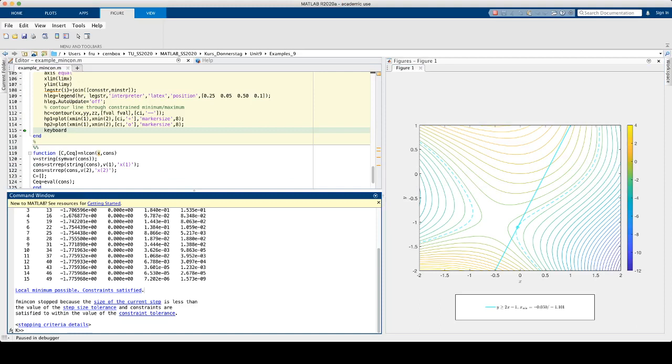In fact, the solution is confined to the half plane to the upper left of the boundary line, and the solution is the point with the smallest function value in this half plane.